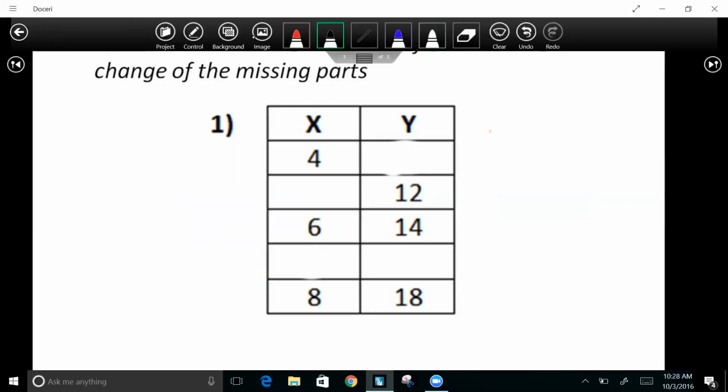I forgot what my other one looked like. And let's say this one was. Let's look at this one. Copy down this one. Okay.